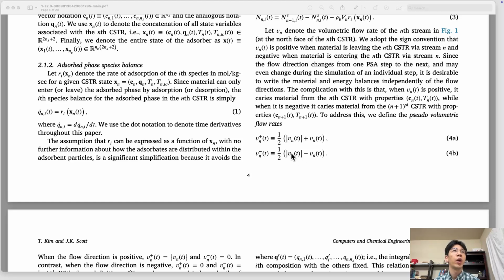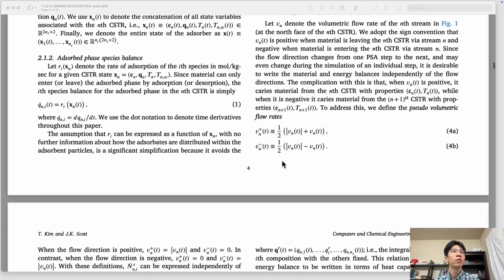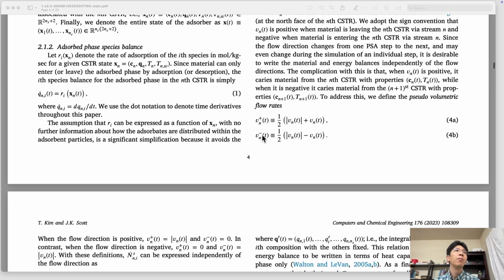Because the absolute value of the negative volumetric flow rate is positive, but then you're minus a negative volumetric flow rate, so minus is plus, and you divide by 2. So basically you will have a positive negative pseudo volumetric flow rate and a 0 positive pseudo volumetric flow rate when the actual flow rate is negative.